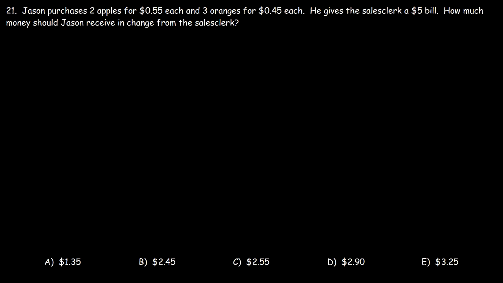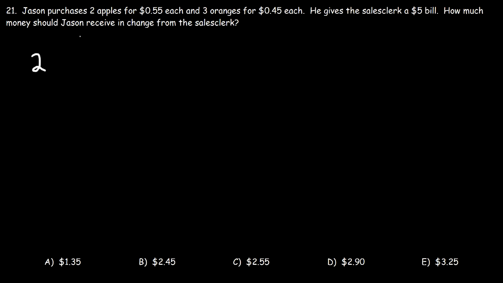21. Jason purchases 2 apples for 55 cents each and 3 oranges for 45 cents each. He gives the sales clerk a $5 bill. How much money should Jason receive in change from the sales clerk? So first, let's determine the total cost of the 5 items that he's purchasing.